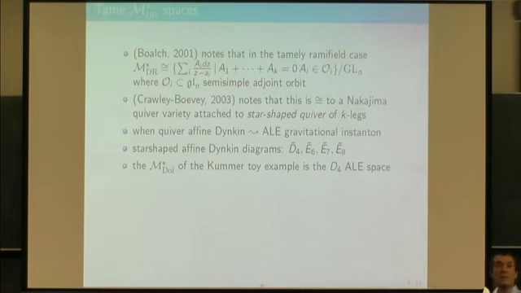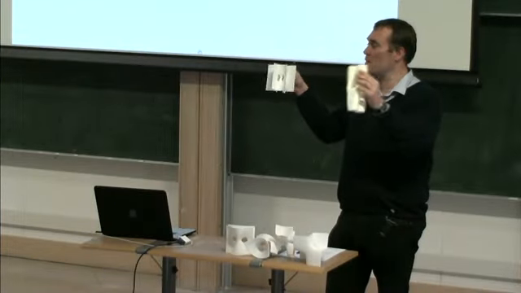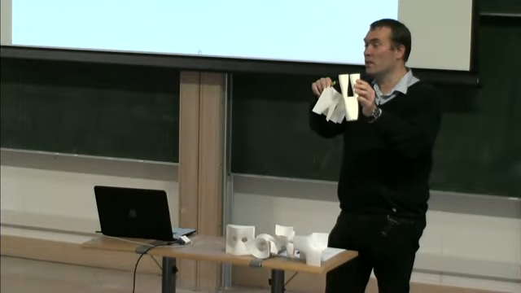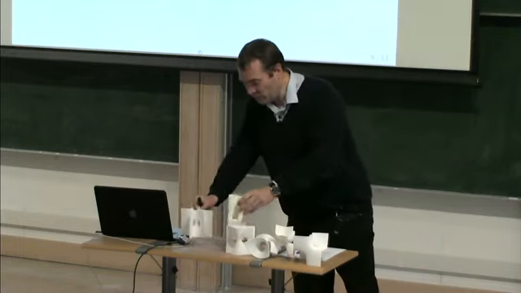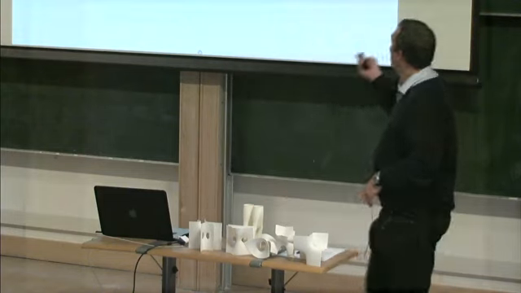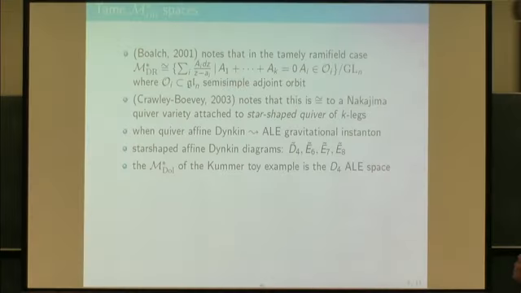Then you can look at the intersection form, and I don't know if you see it, you can see the 4 circles giving you the vertices of the finite D4 Dynkin diagram. So this somehow sits inside here. It's hard to imagine how, but this somehow sits inside here as an open subset, and then you somehow lose one of these circles, one of the H1s. Okay, so this is the M-Dolbeault space for the toy model.